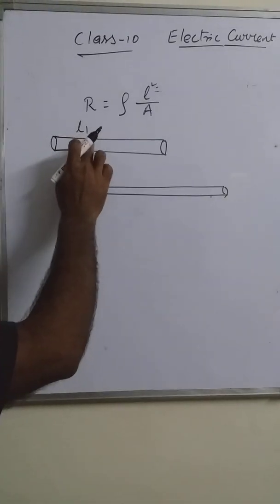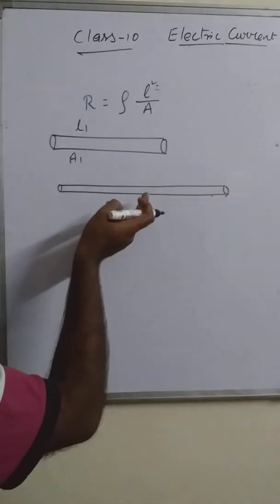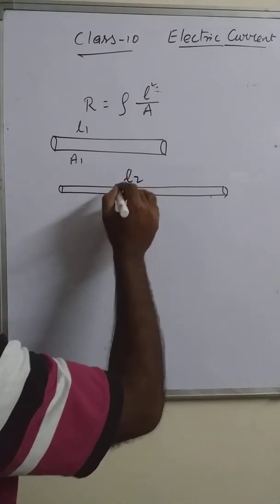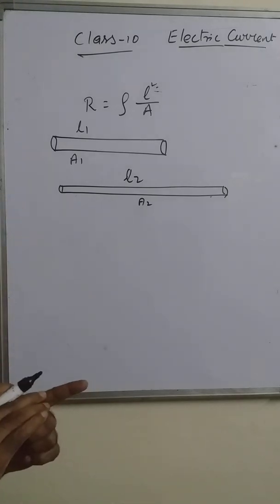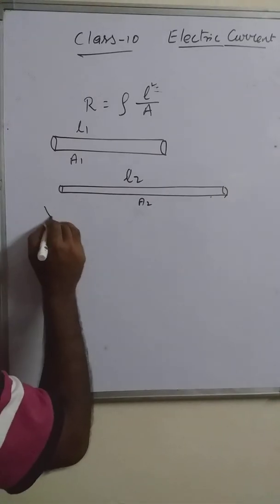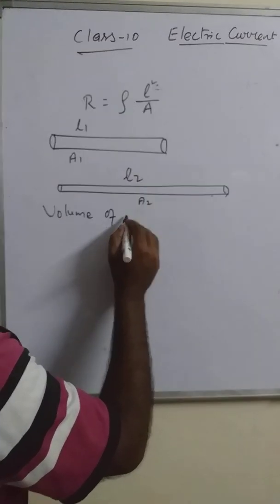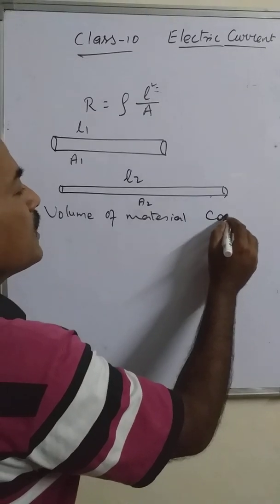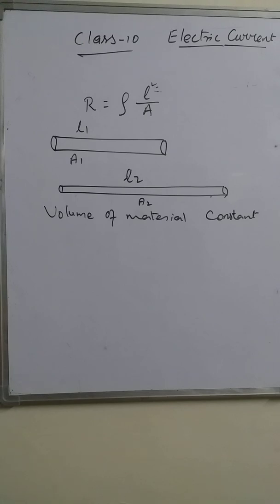The same material, when stretched, length increases and area of cross section decreases. Let the length become L2 and area of cross section become A2. Even though the length and area of cross section change, one thing will be constant, that is the volume of material of the wire. Before stretching and after stretching, the volume remains the same.